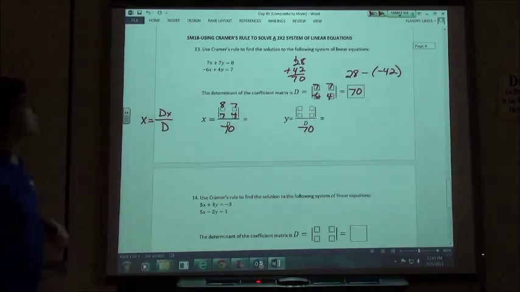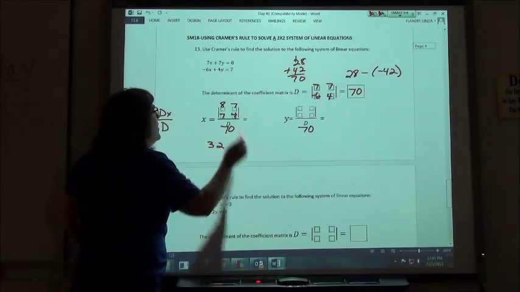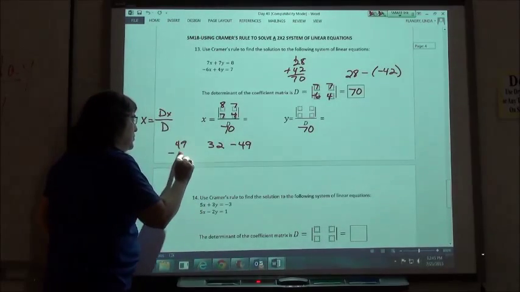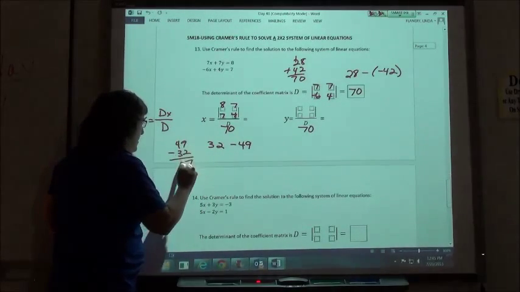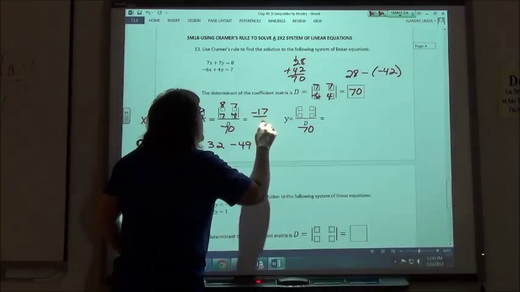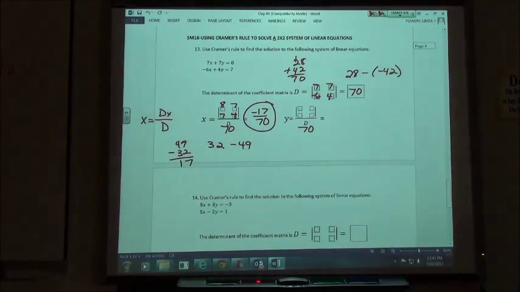I then find the value of that determinant. So 8 times 4 is 32, 7 times 7 is 49, and if I subtract, I get negative 17. So the value of x is going to be negative 17/70ths.